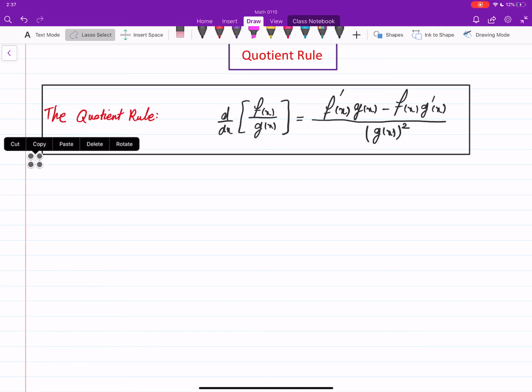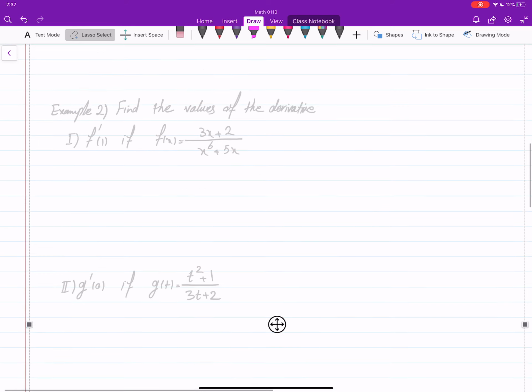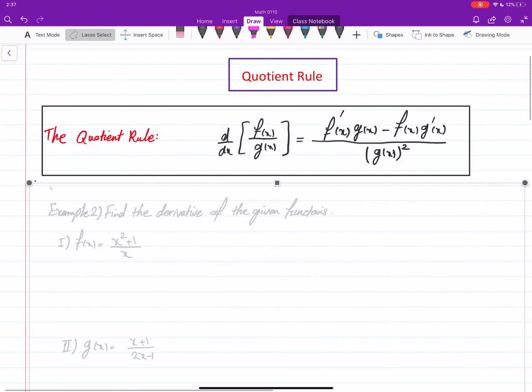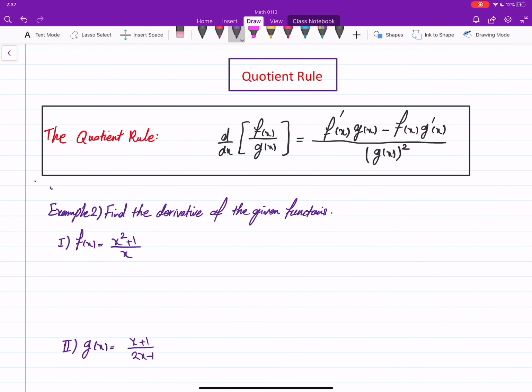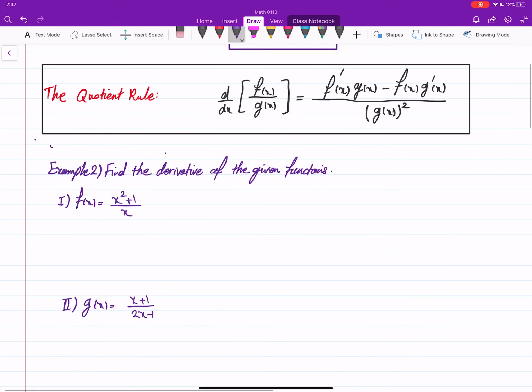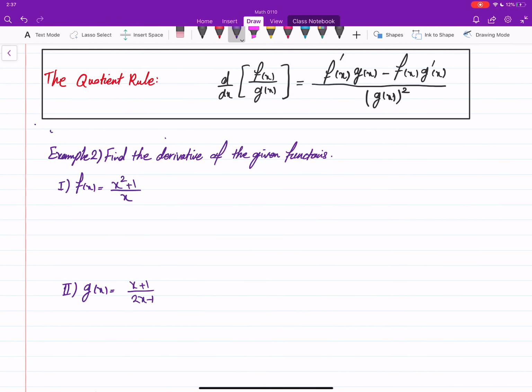Here, let me bring the examples I have prepared for you. I have functions I have to differentiate, and these functions are quotients of two functions. This is the derivative of (x squared plus 1) over x.